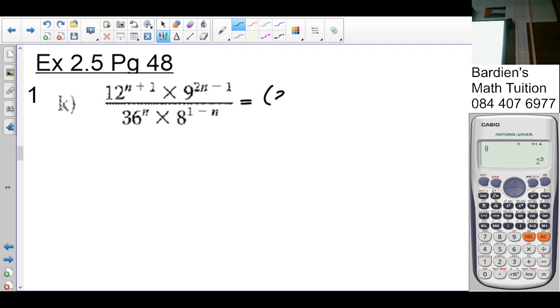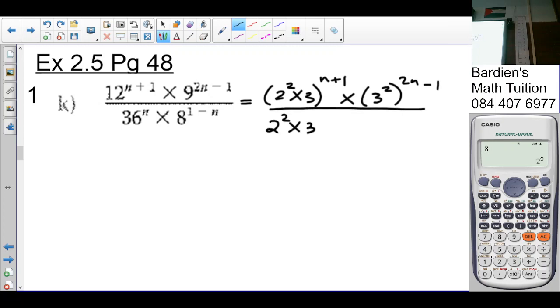Alright, so let's go. 12 can be written as 2 squared times 3, raised to n plus 1, times 3 squared raised to 2n minus 1, over 2 squared times 3 squared raised to n, times 2 cubed raised to 1 minus 8. Okay. Who asked this question? You got that? Nice. So what's this going to be now? 2 to the 2n plus 2.